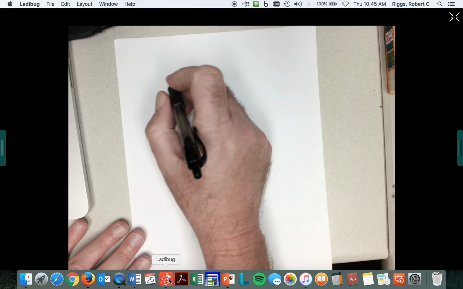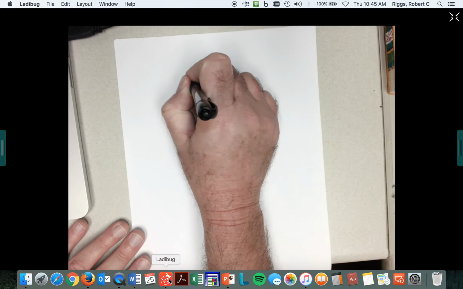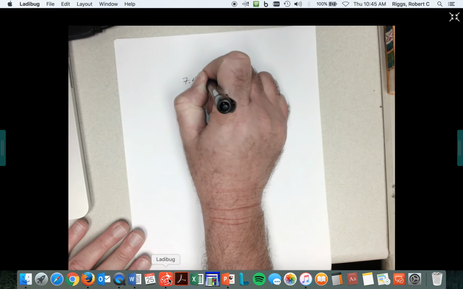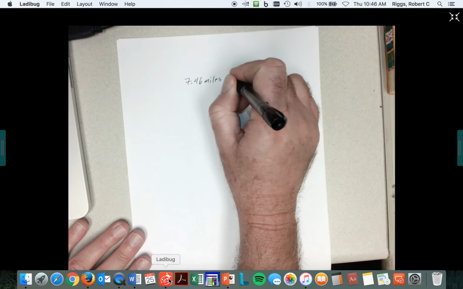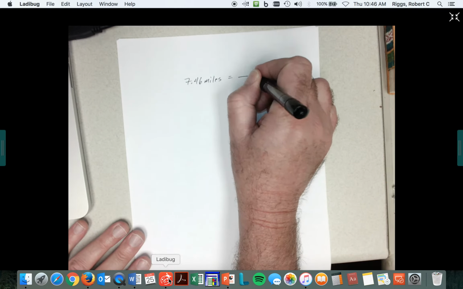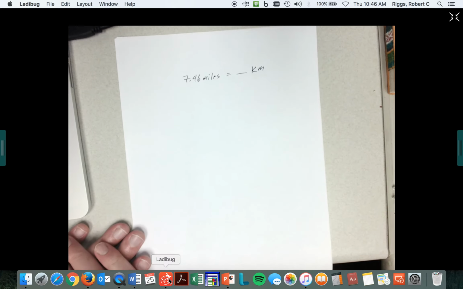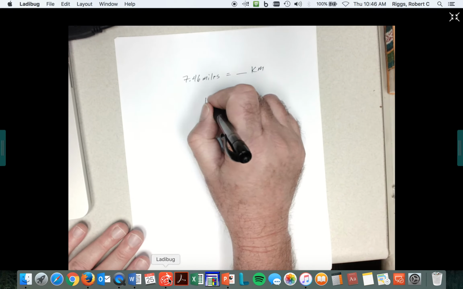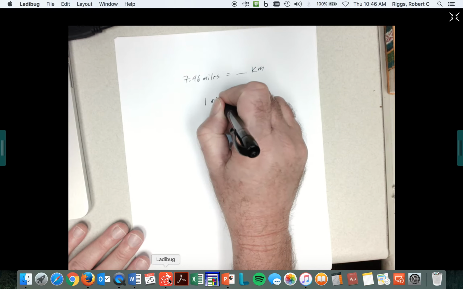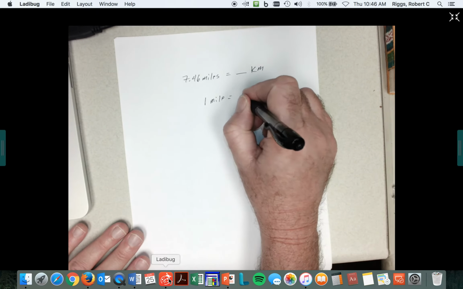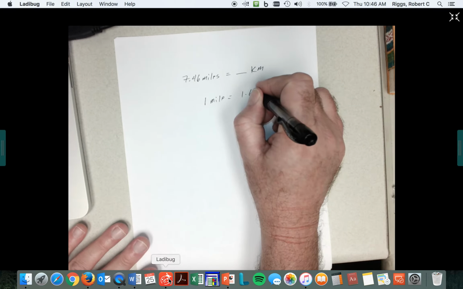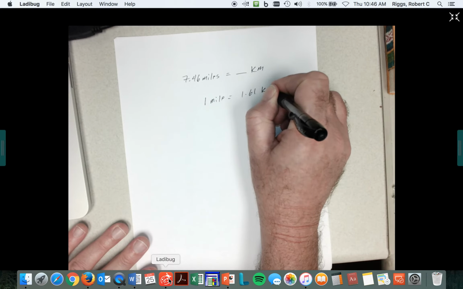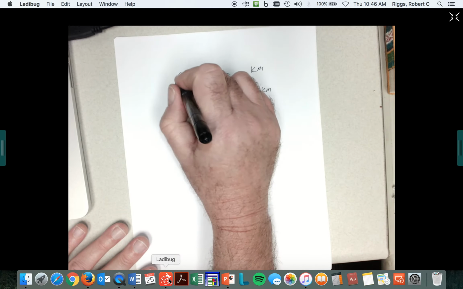So you've got 7.46 miles equals how many kilometers? Okay. Well, here's the way you do it. You go 1 mile equals 1.6, we'll say 1.61 for argument, kilometers. Now we've got it, we want this many miles.